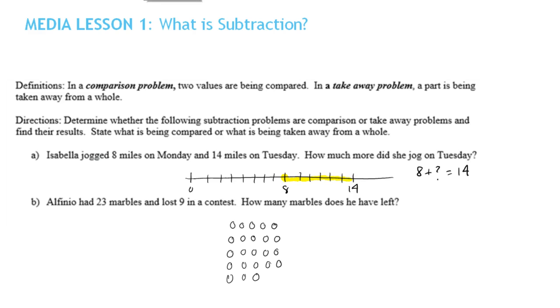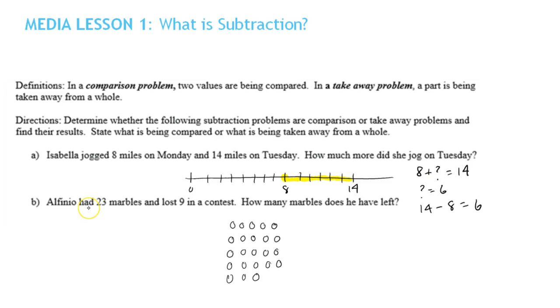So this value, this missing addend, is 6. And we said this was equivalent to 14 minus 8 is 6. So finding the difference is subtraction, but we can also think of it as finding the number you'd add on to get the second number.